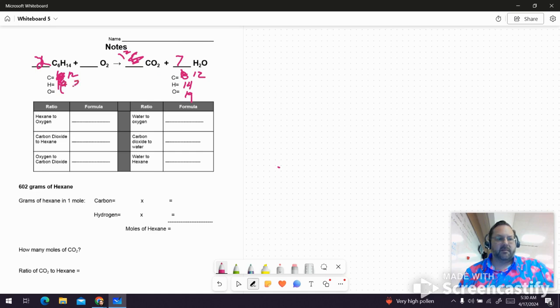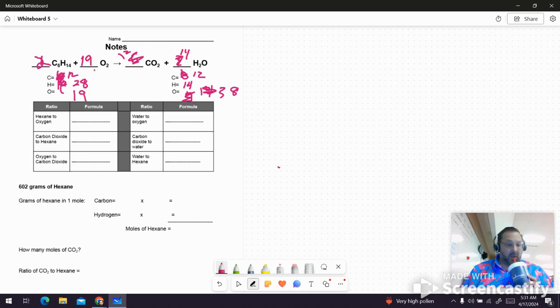This hydrogen is going to be 28. Over here, that 7 is going to change to 14. This oxygen is going to be 14, plus 24. 14 plus 24, 38. Half of 38 is 19. So there's my balanced equation. I'm going to put my 19 here.